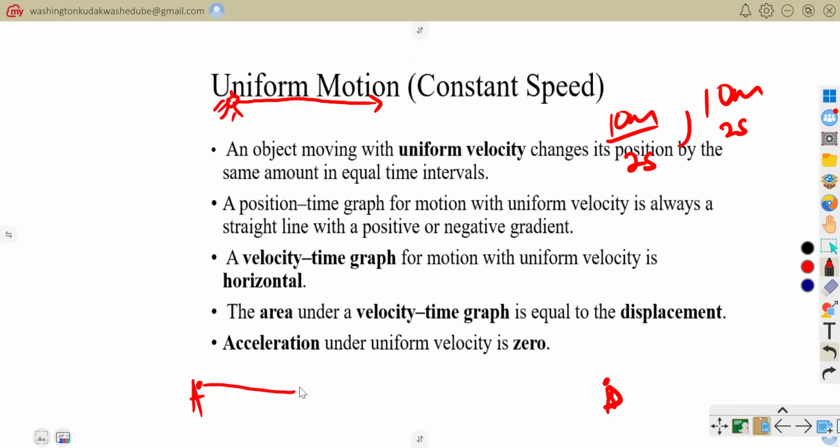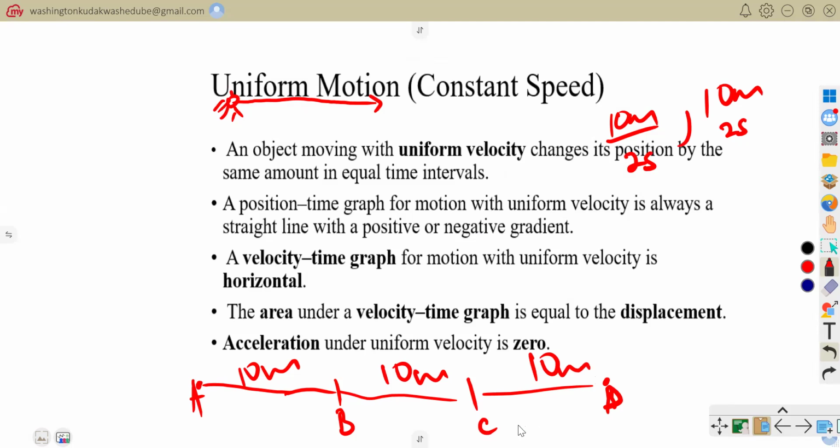So from point A to point B, from point B to point C to point D, this is 10 meters in between A and B, 10 meters in between B and C, 10 meters in between C and D. The time that you are going to take to change position from A to B will be the same as the time that you are going to take to change your position from B to C. If you took 2 seconds to change that position, you would also take 2 seconds to change position here.